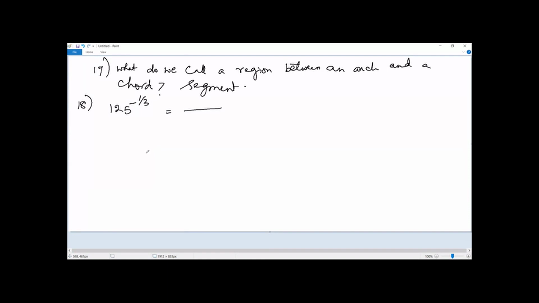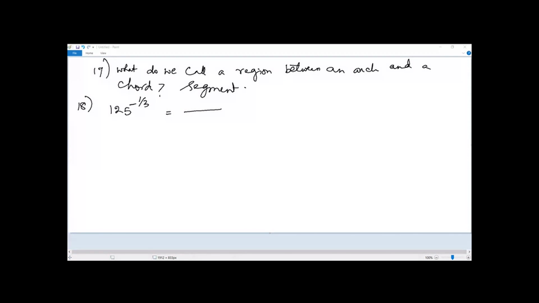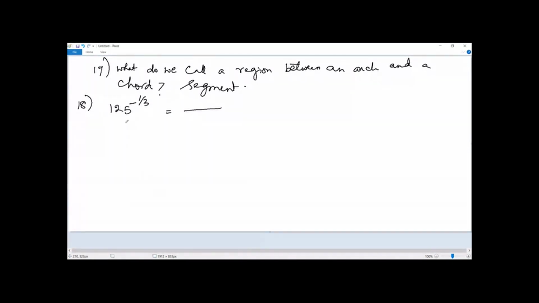Anjali, what is the answer? 5 to the power of minus 1, ma'am. So 5 to the power minus 1 is 1 by 5, right? 5 cube to the power minus 1 by 3: 3, 3 cancel. 5 to the power minus 1, that is 1 by 5. Correct.